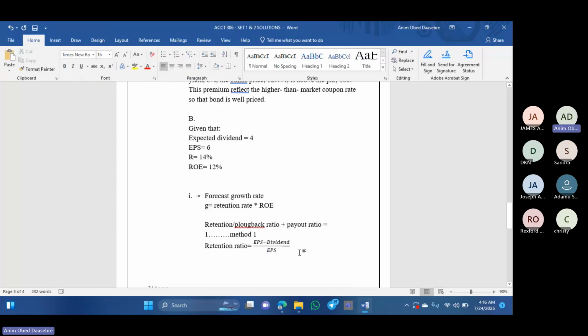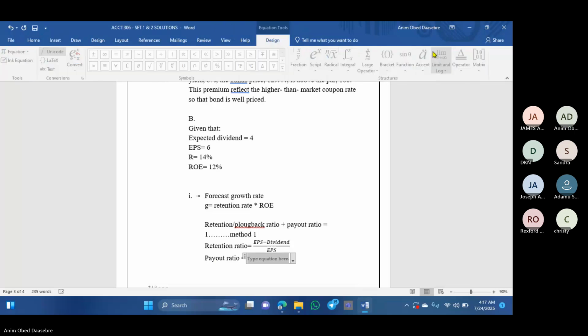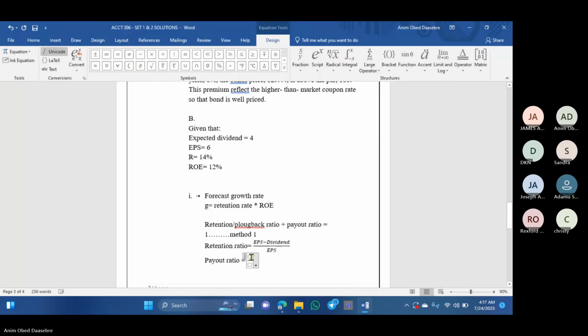And if you also want to find the payout ratio, it's also computed as a fraction of the earnings. Payout is the fraction of your earnings that you pay towards shareholders.